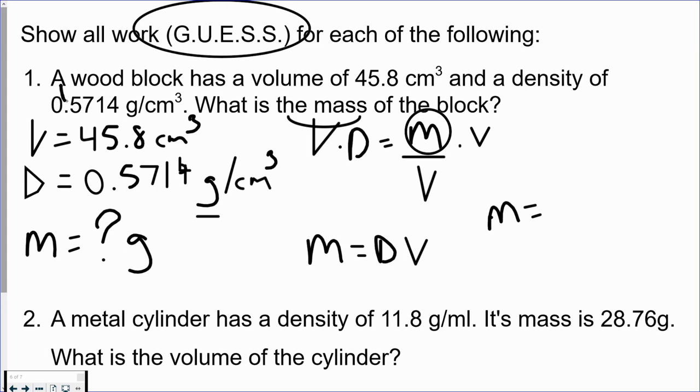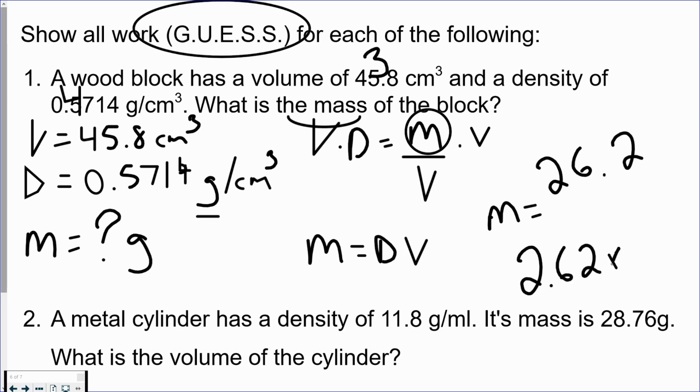So this has 4 sig figs, and this has 3 sig figs, giving us an answer with 3 sig figs. So 45.8 times 0.5714. Then we have 3 sig figs, so my answer before scientific notation is 26.2. So my final answer would then be 2.62 times 10 to the first grams. And we have solved our first problem of density.